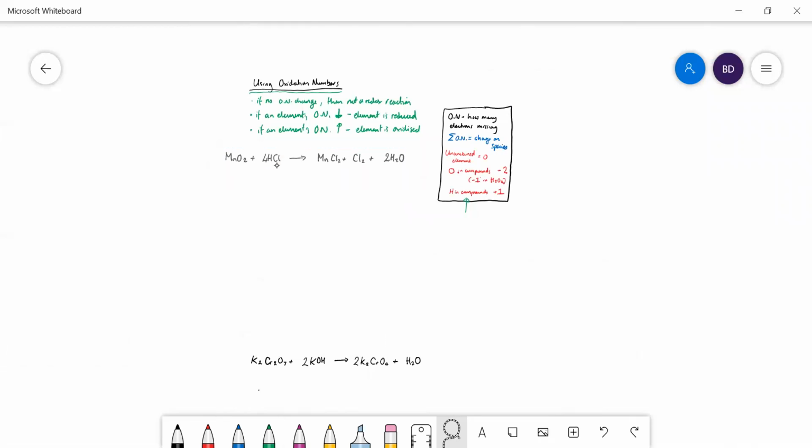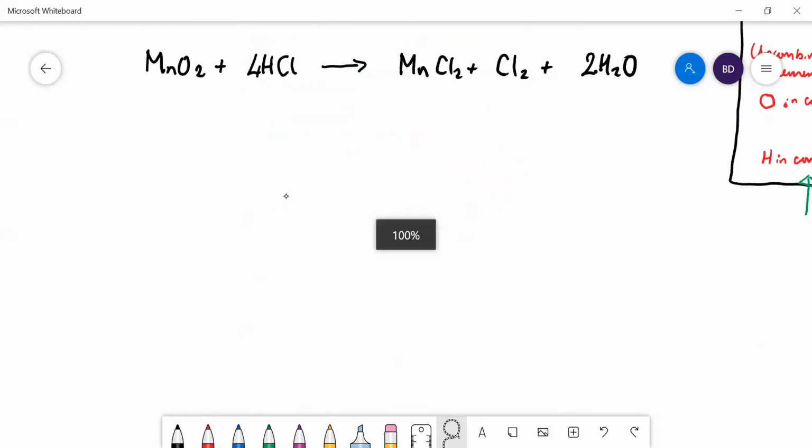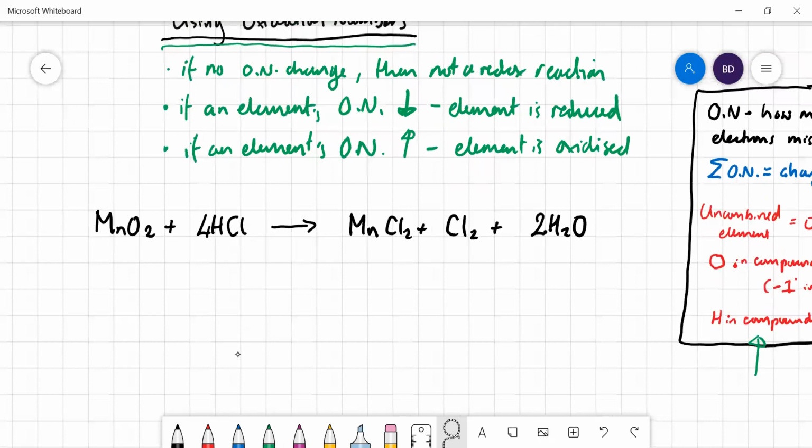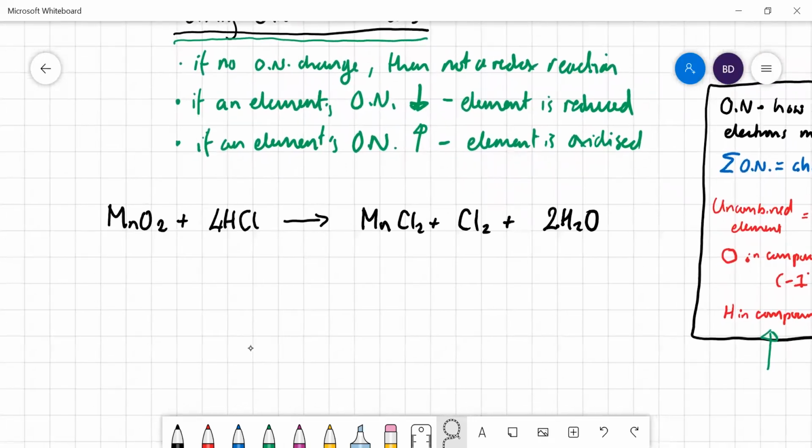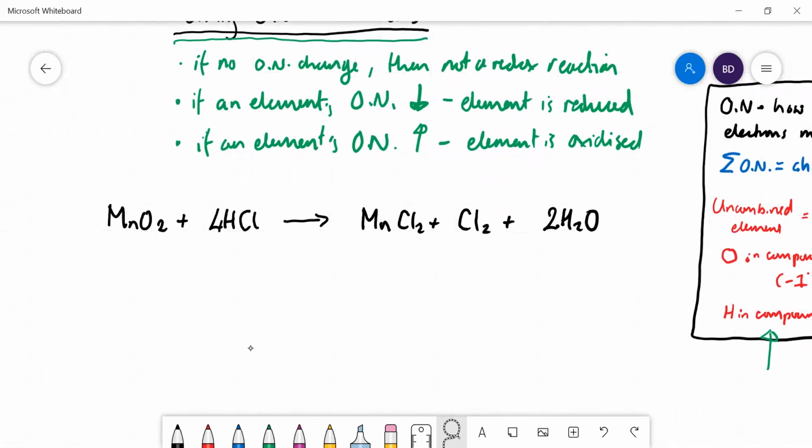Now this one is maybe not quite so obvious what's going on, because you're thinking, oh, manganese. Well, anyway, we will use oxidation numbers here.